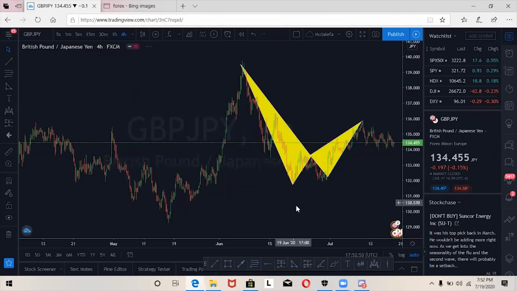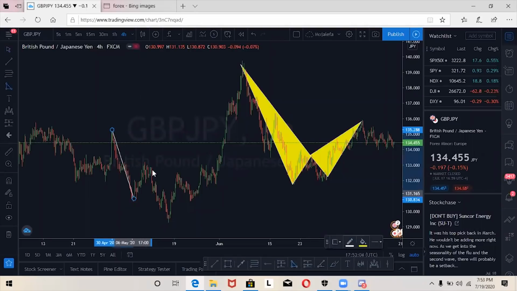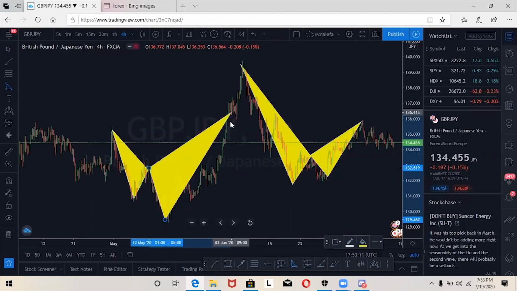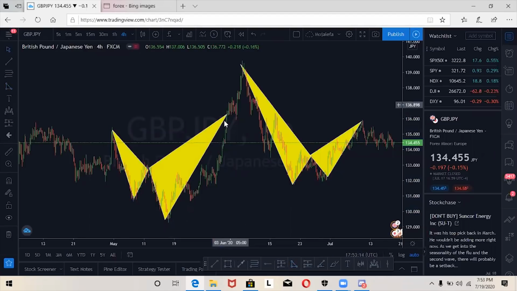These patterns make it easy, because even if you use them looking at the previous movement, you see how easy it is to spot them. Then from here you take this region, and it's going to end somewhere here. It's not going to be there, it's going to end somewhere here.